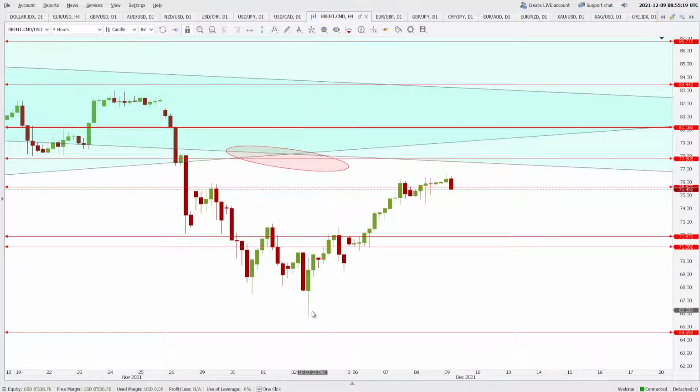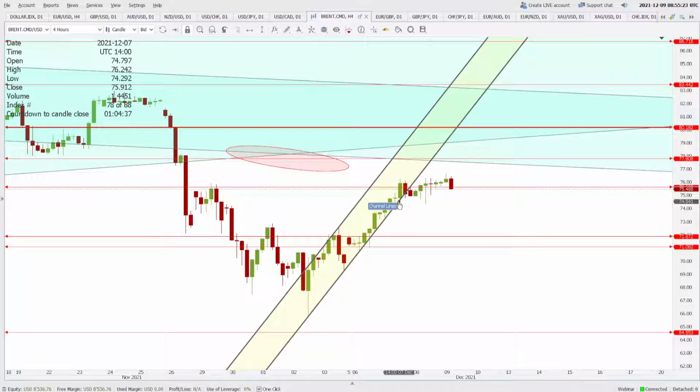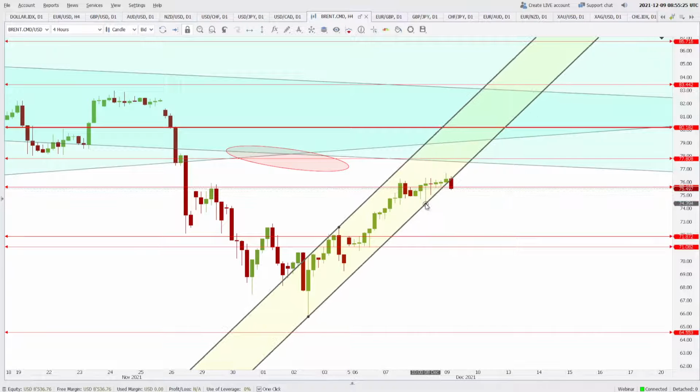A channel will be a good idea to know where it is going. I think we have a sell off today, and 71.87 is exposed. If the price closes a 4-hour candle, which is going to close in the next 1 hour, below 75.62, that will initiate a sell off in this market and expose 71.87. On the contrary, if we go to the higher side, we have a resistance at 77.80 in the Brent.